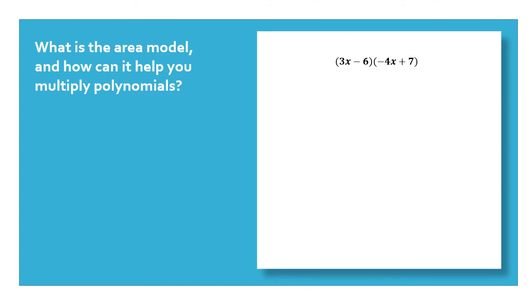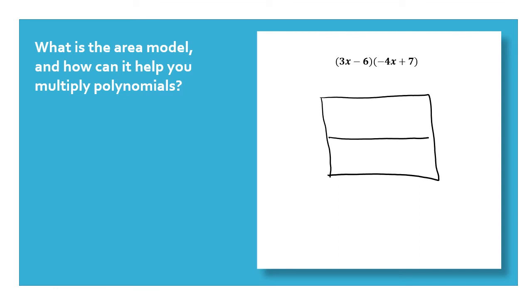Well, if you looked at that last problem, it's kind of a pain to keep track of all of those numbers and to make sure that you're multiplying everything by everything that you're supposed to. So the area model is just really a way to organize your information. Some people love it, some people don't. It's up to you whether you use it.